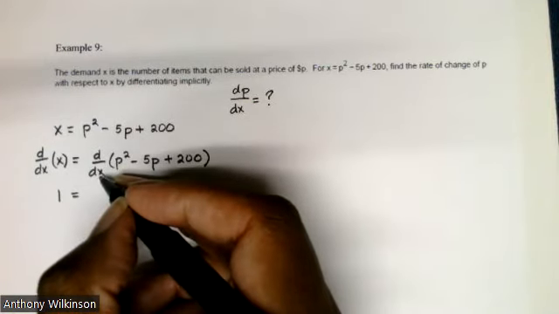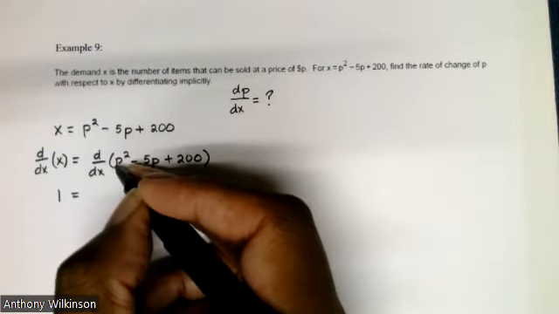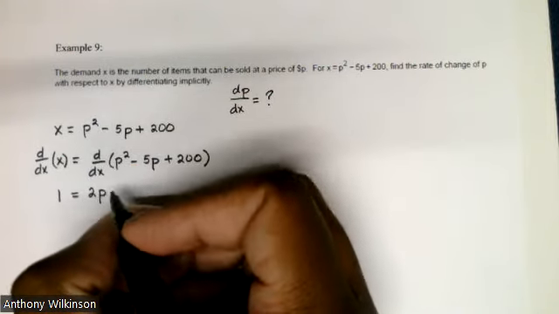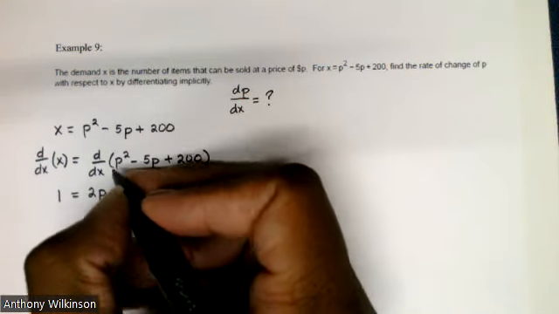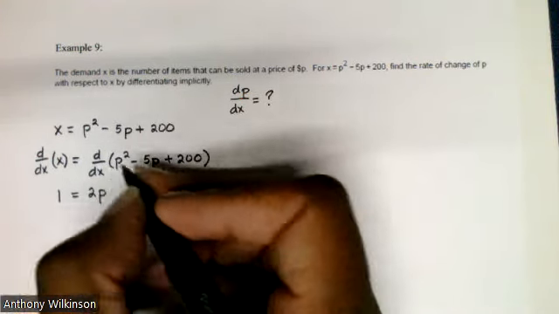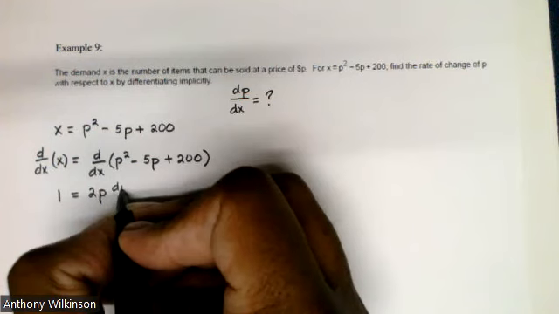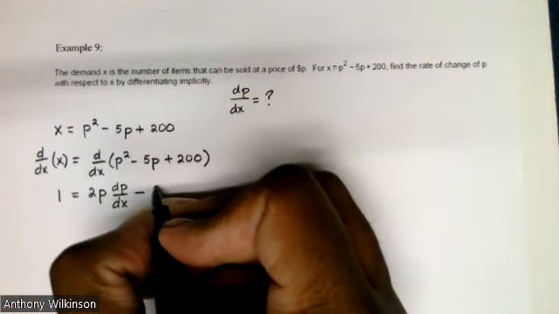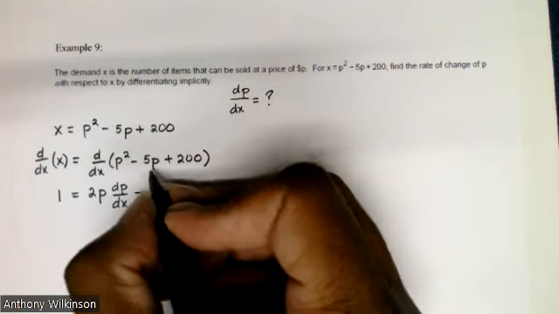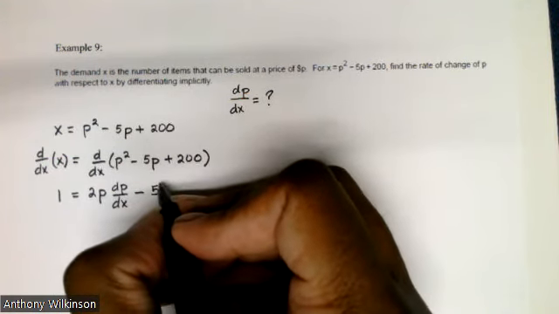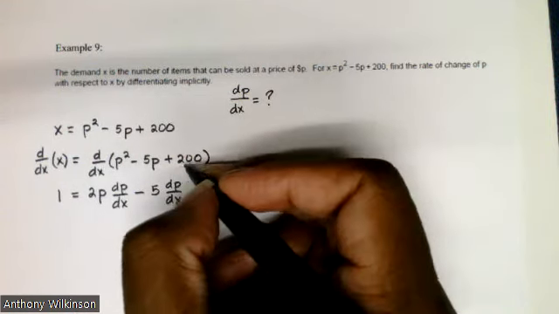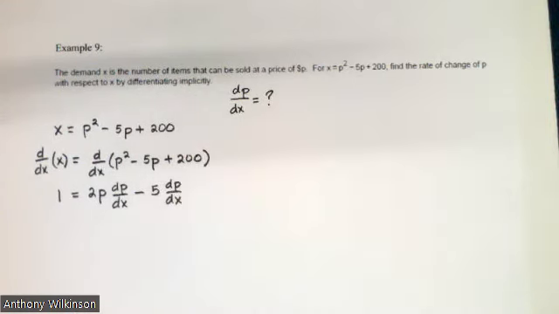That's equal to the derivative with respect to X of P squared. We bring the exponent of 2 down and copy the variable over to the 1 less power. But since P is some function of X, we have to include dP/dx. Minus the derivative of 5P will be 5, and since P is a function of X, we'll have to say dP/dx. The derivative of 200, like the derivative of a constant, is 0.